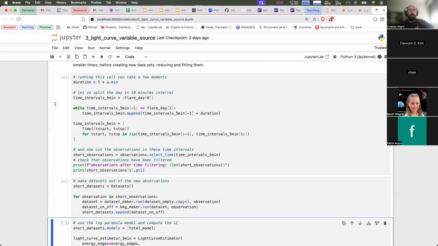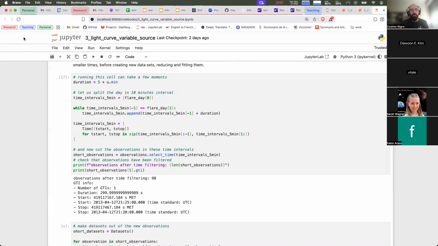How small can the time bins be? Very good question. I think this depends on the physics that you want to study and especially on the statistics that you have. If you have a source that is super bright, like a flare from an AGN, maybe you can go down to 5-minute binning or 2-minute binning, as long as you have sufficient statistics in each bin.